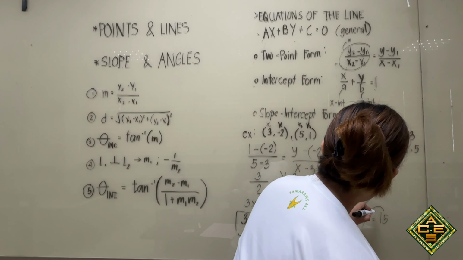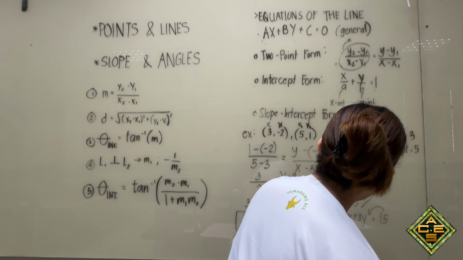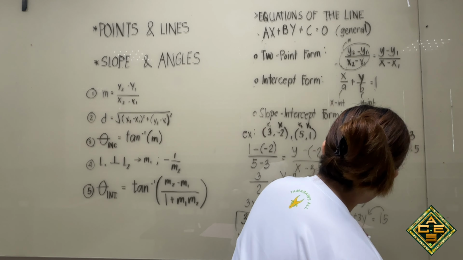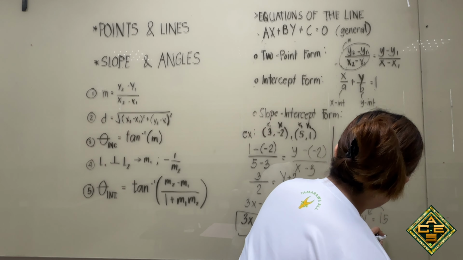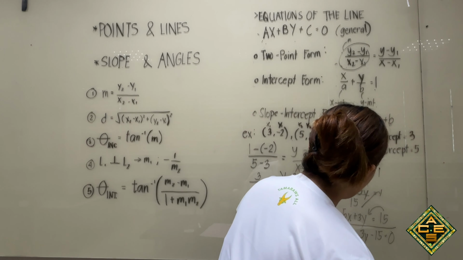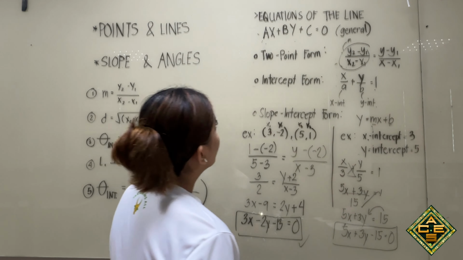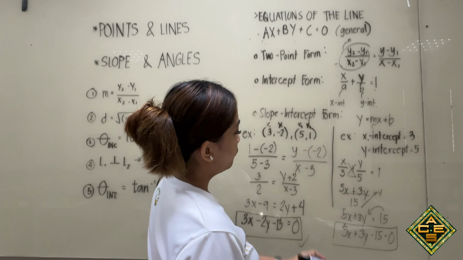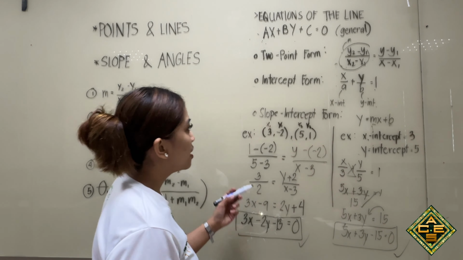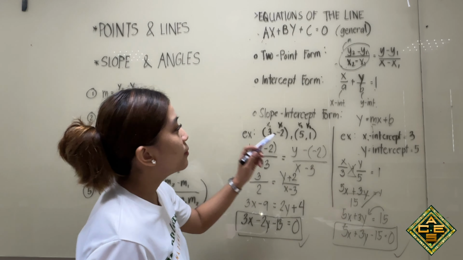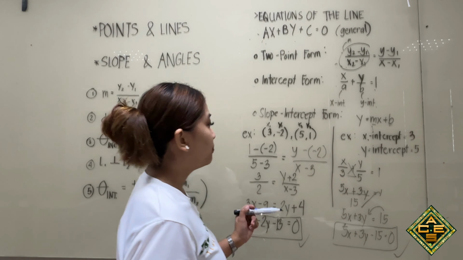We transpose it back and get 5x plus 3y minus 15 equals 0. And we already have the equation of the line in general form. That's how we use the two-point form and the intercept form.